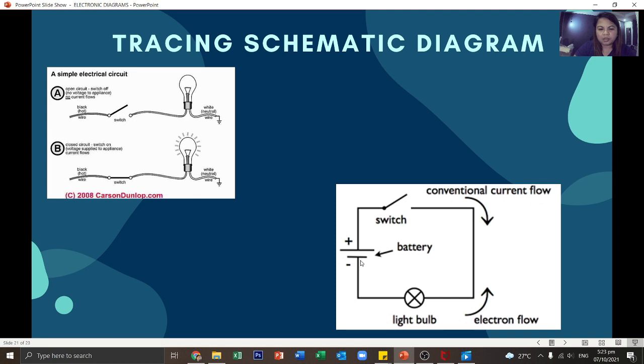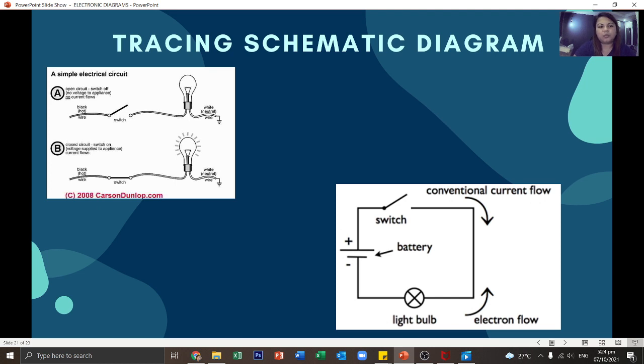So this flow is called electron flow because this is the actual flow of electrons. But in studying electronics, we don't use the electron flow. We use the conventional current flow, which is from positive to negative. This is also agreed upon by engineers all over the world.